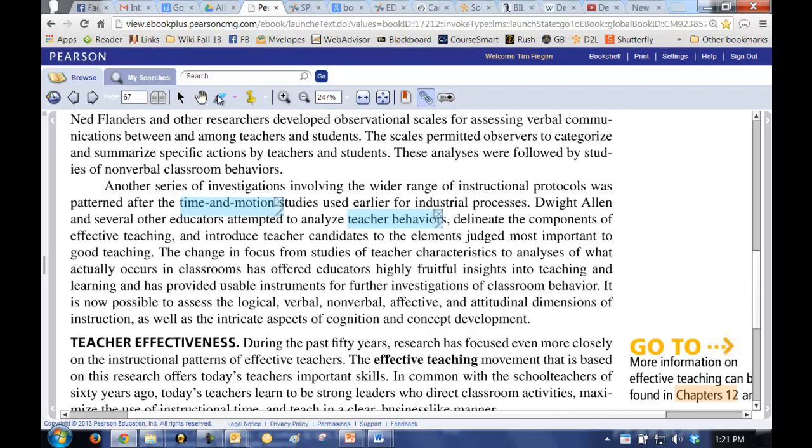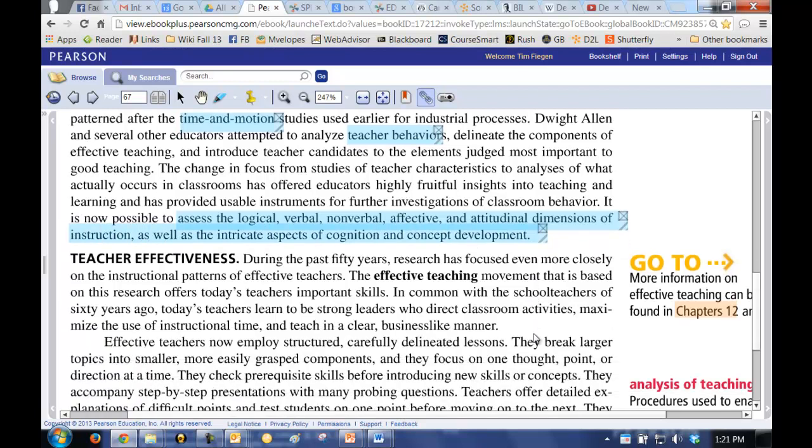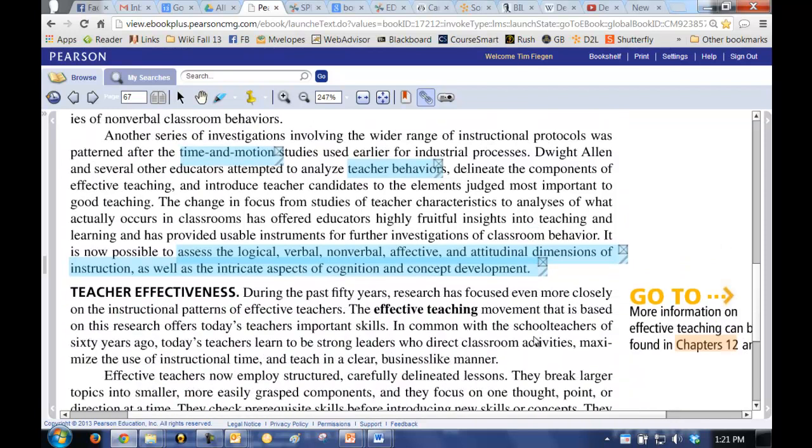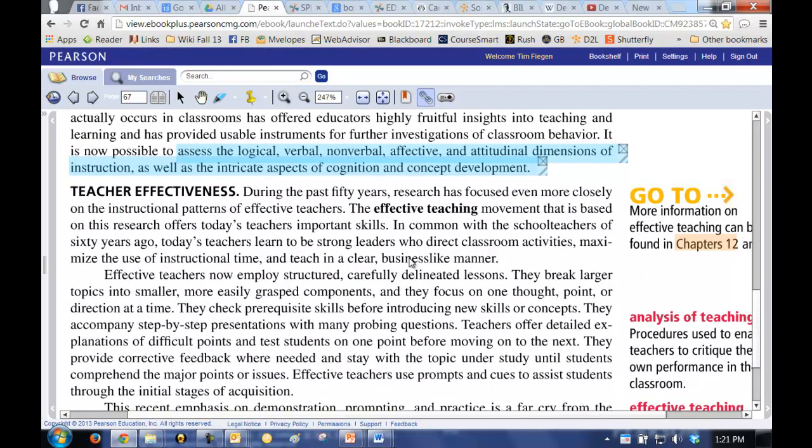It is now possible to assess, this is interesting, the logical, verbal, nonverbal, affective, and attitudinal dimensions of instruction through research, as well as intricate aspects of cognitive development. In teacher effectiveness, over the past 50 years, research has focused more closely on instructional patterns.